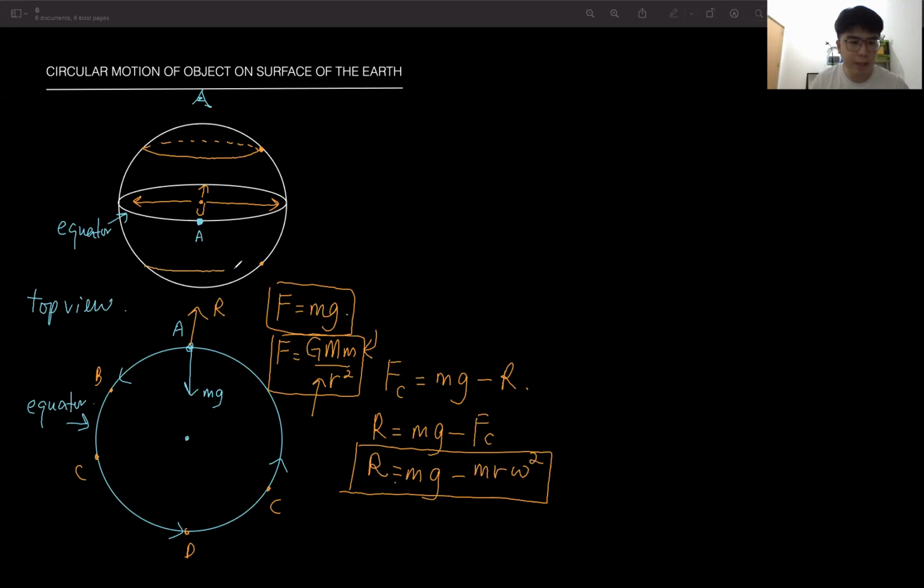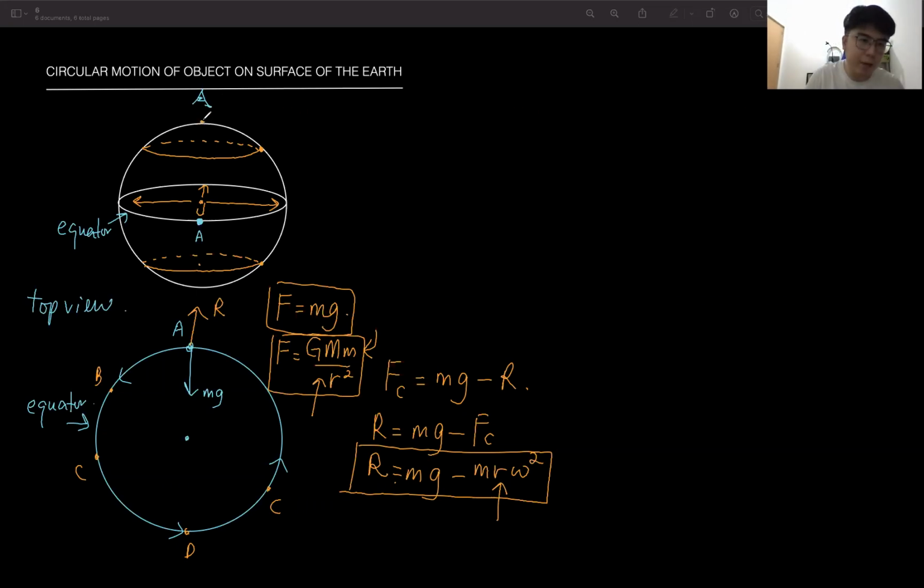If you're located here, then you spin along this axis, not the equator, so this one has a different radius and a different reaction. You can see reaction depends on the radius. So the conclusion is that on the rotation of the earth, depending on where you are located, the reaction is different at different locations.